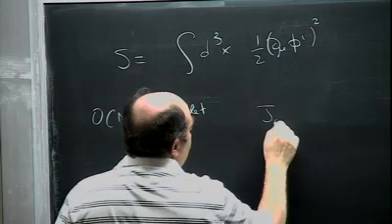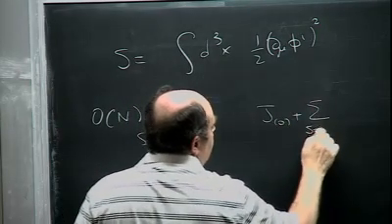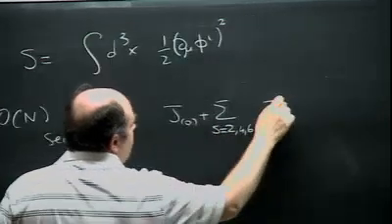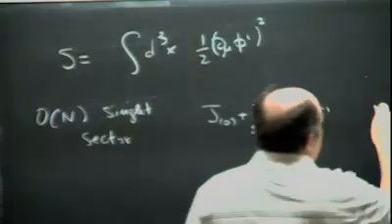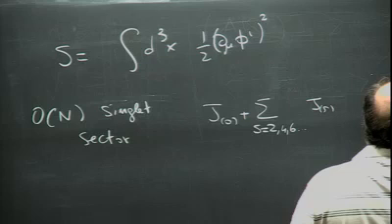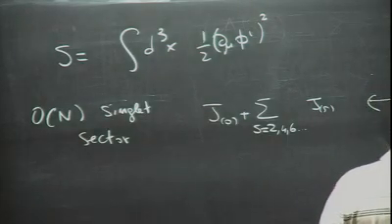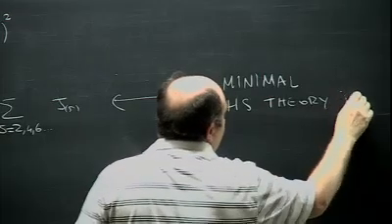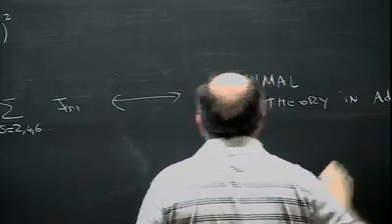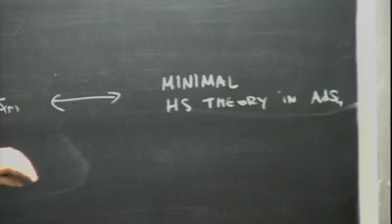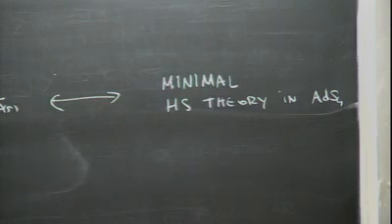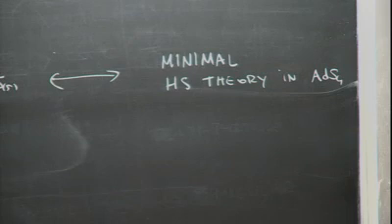Then the spectrum of single trace operators contains only even spin currents, and this is in one-to-one correspondence with what is called the minimal higher spin theory in AdS4, which has a scalar field which is the same as there and has all the massless even spin currents. Here, again, I'm writing it in 3 dimensions because that's what I will mostly focus on.